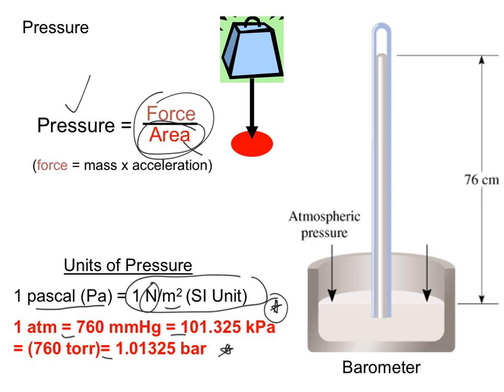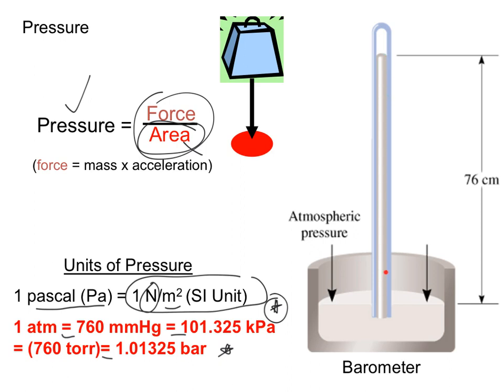As the atmospheric pressure changes, the height of your column is altered. The more pressure we have from the atmosphere, the taller the column. At 1 atmosphere, we get a specific height of this mercury column: 760 millimeters of mercury.